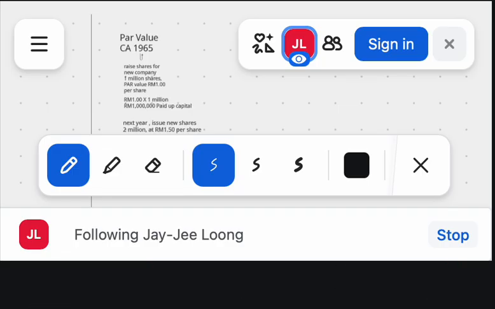So par times 2 million equals 2 million additional paid up capital.